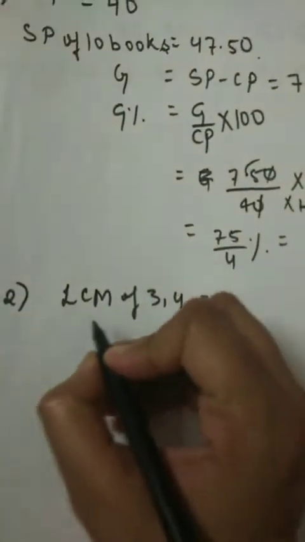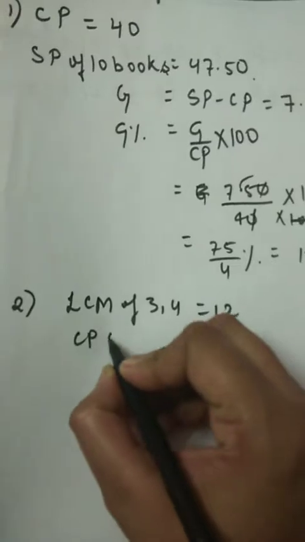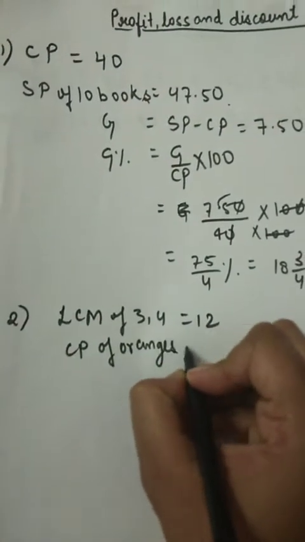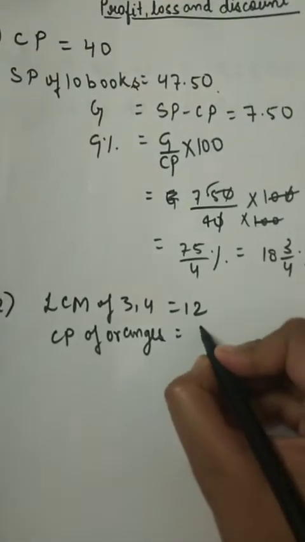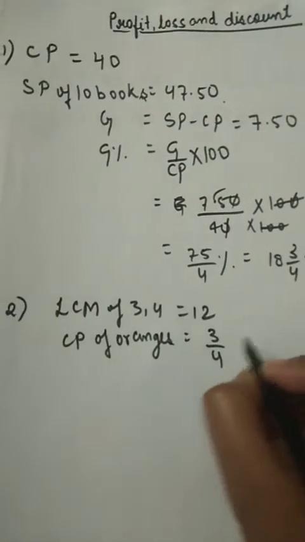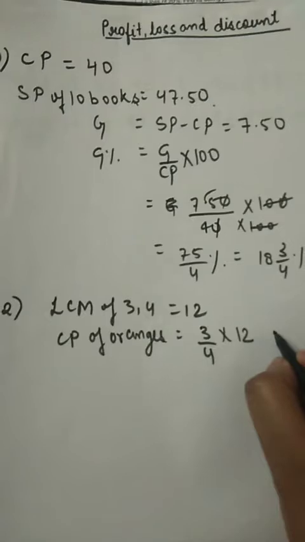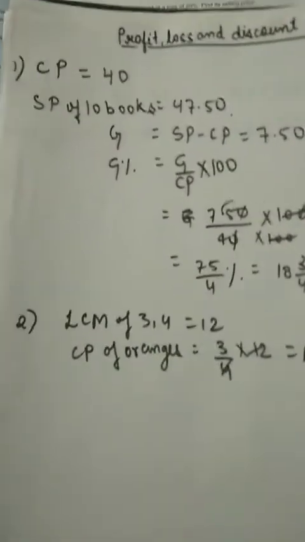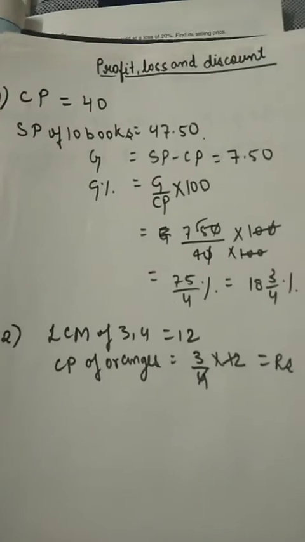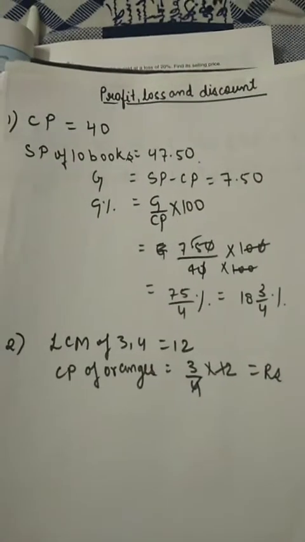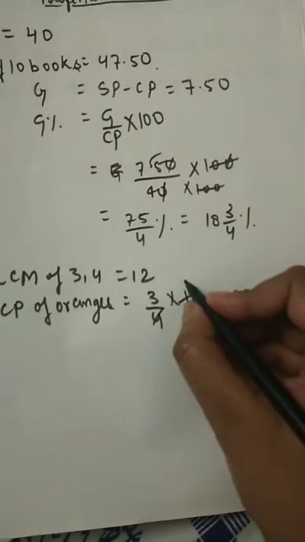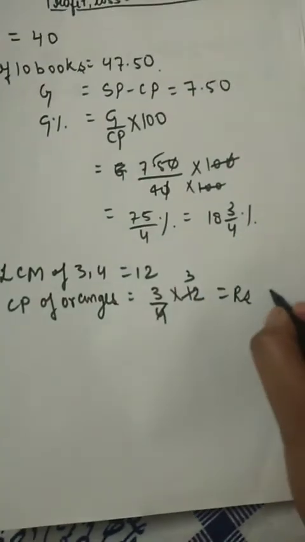Now the cost price of oranges will be equal to 3 by 4 into 12, which is equal to rupees 9.